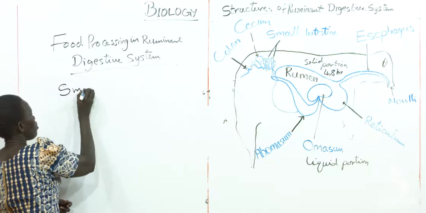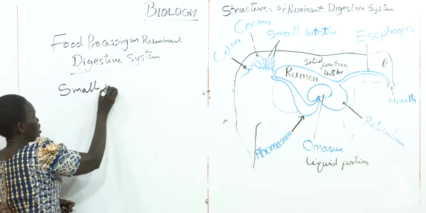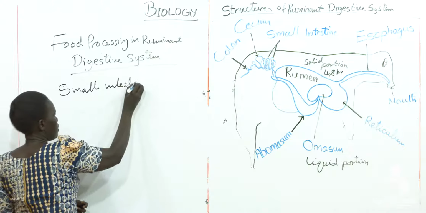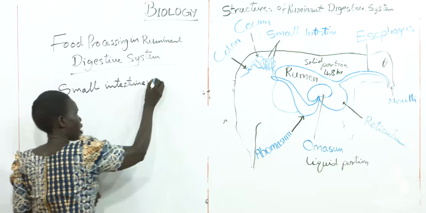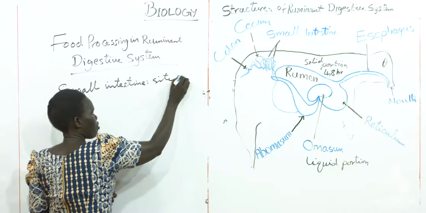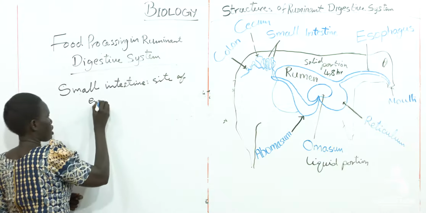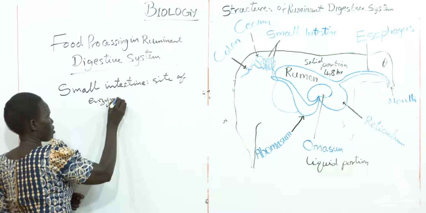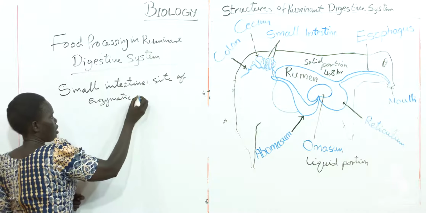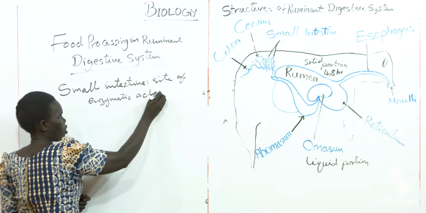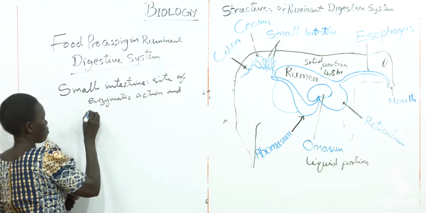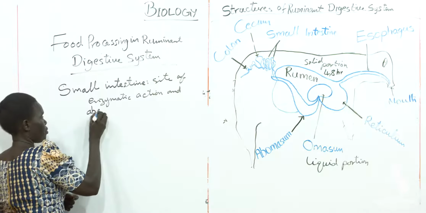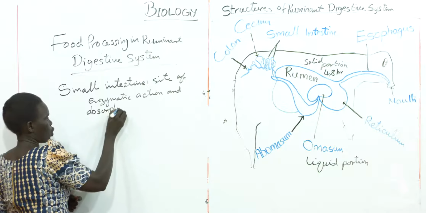The small intestine. This is the site of enzymatic action and absorption, most of absorption.